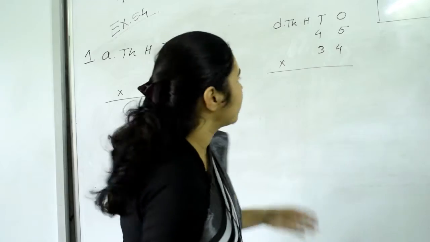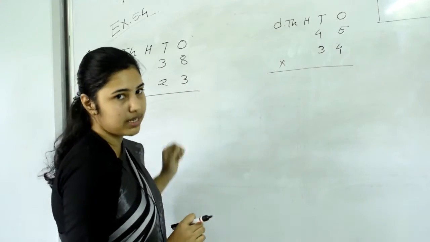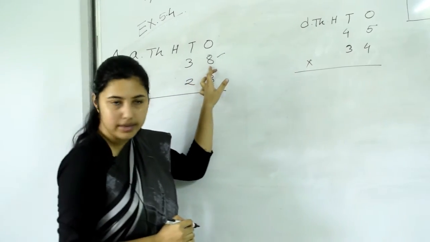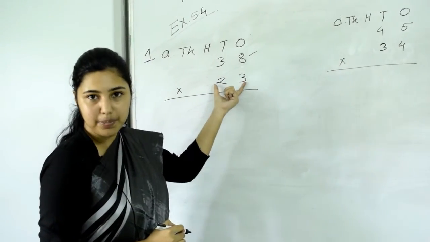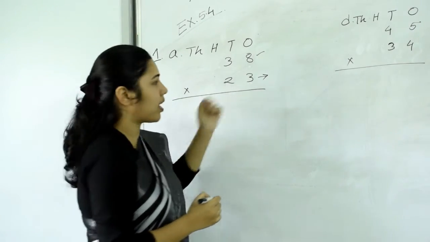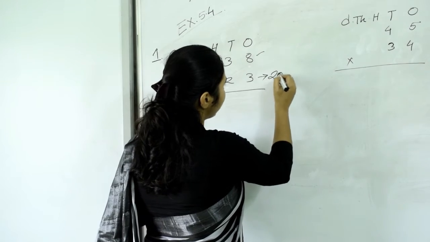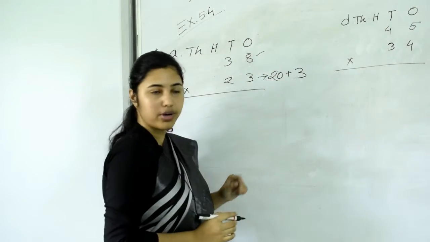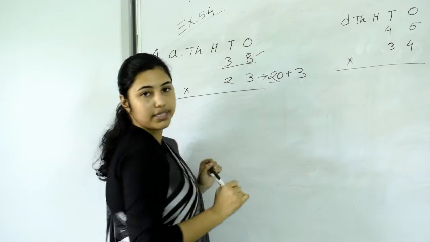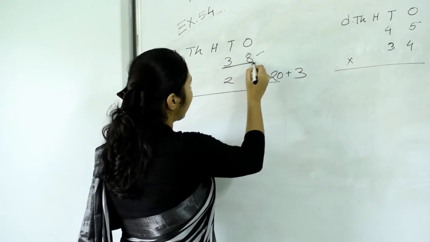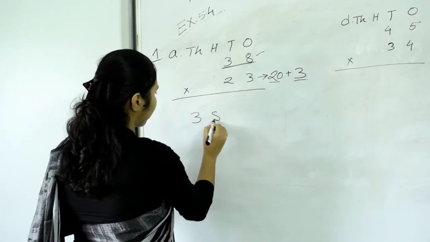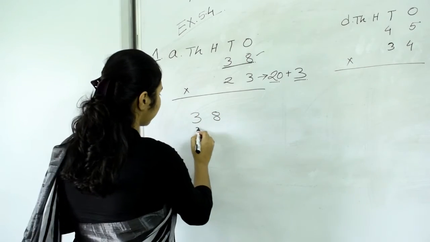Now we will see the multiplication of two-digit numbers. So here 38 is our multiplicand and 23 is our multiplier, right? So first split the multiplier 23 as 20 plus 3. Okay? Now multiply 38 with 20 and then multiply 38 with 3. Okay? So first multiply 38 with 20.